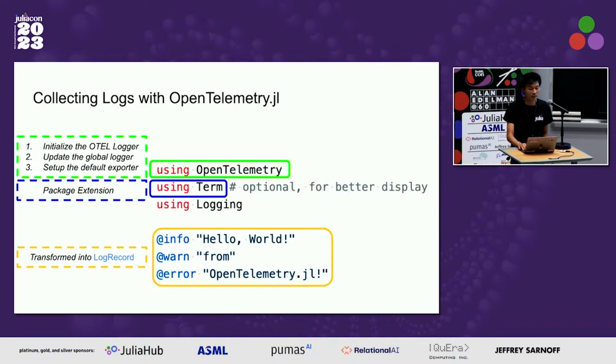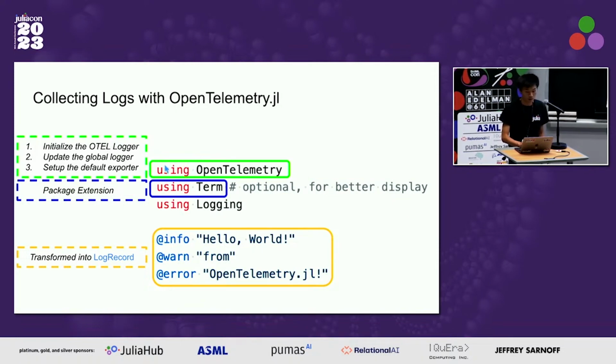So how to collect logs with OpenTelemetry.jl? Here I provide a simple example. So the first step is using OpenTelemetry. By default, it will initialize the OpenTelemetry logger and then update the global logger, and then we set up the default exporter.